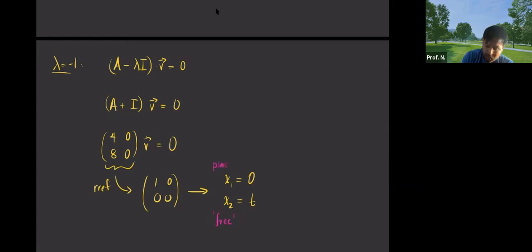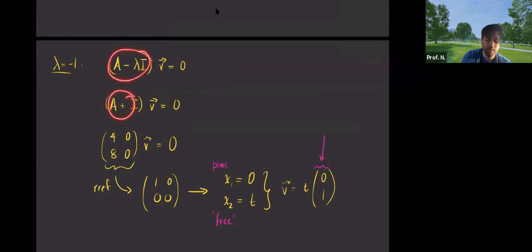So what's going to be the solution? T multiplied by 0, 1. What is 0, 1? It's not 0. Do you see that? And so hopefully now you start to appreciate the derivation of all of this. It's not to our surprise that this matrix will be non-invertible. That's the whole point.